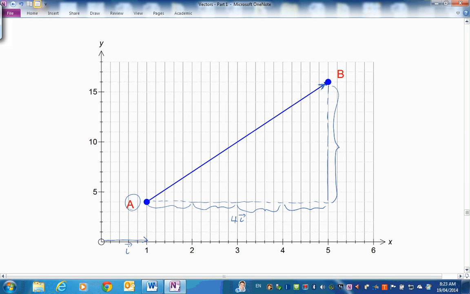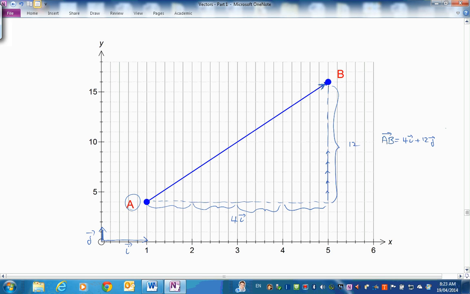If we come back down here, here's j. It's a different scale, so this would be vector j, wouldn't it? 1 unit in the y direction. We've got 12 of them, 12 little j's here. So this alternative notation says that the vector AB would consist of 4i plus 12j.